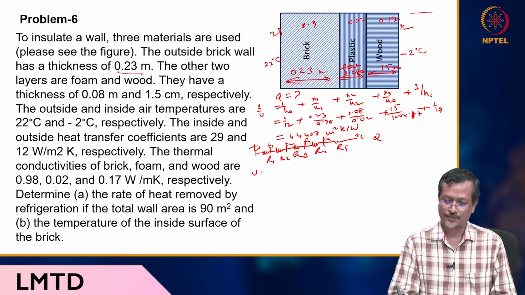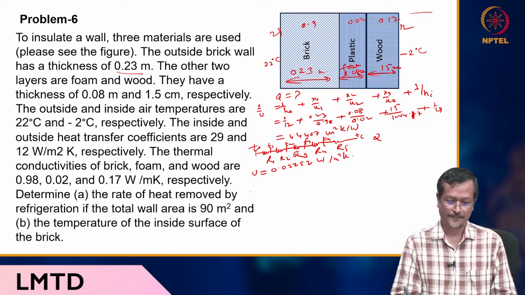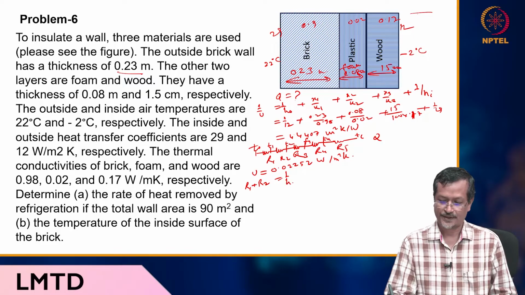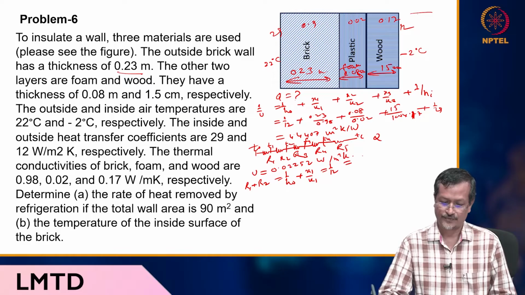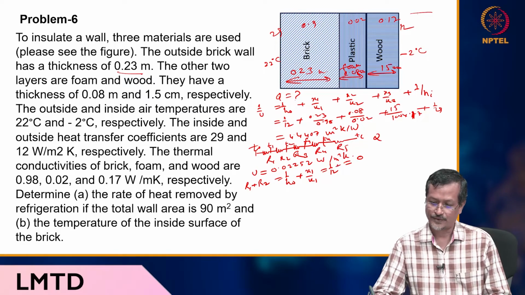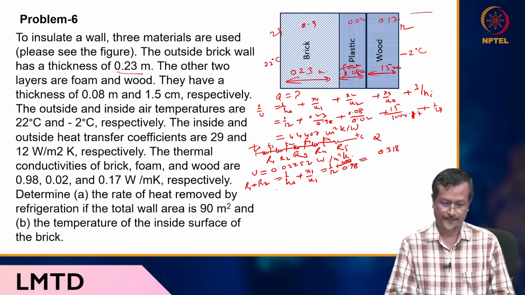So U becomes 0.2252 watt per meter square K. Now R1 plus R2, 1 by HO plus x1 by k1, equals 1 by 12 plus 0.23 divided by 0.98, which comes to 0.318.